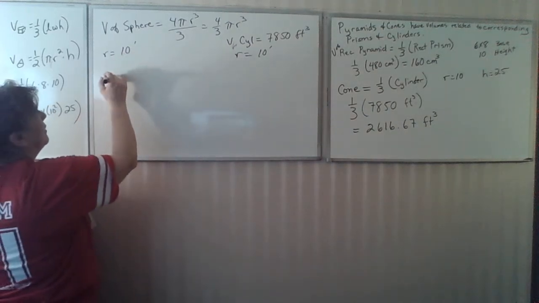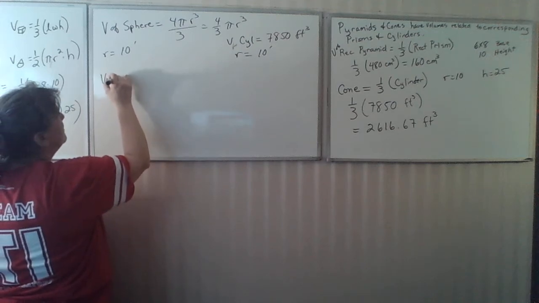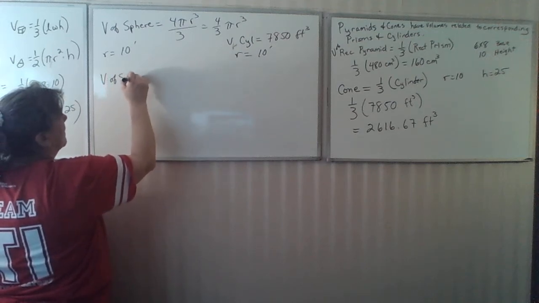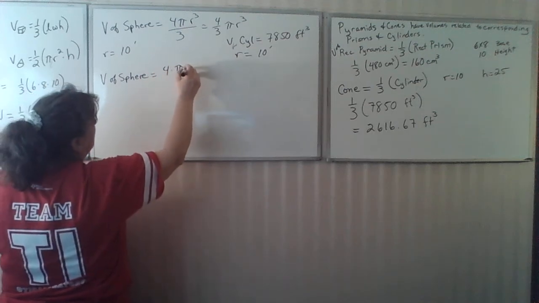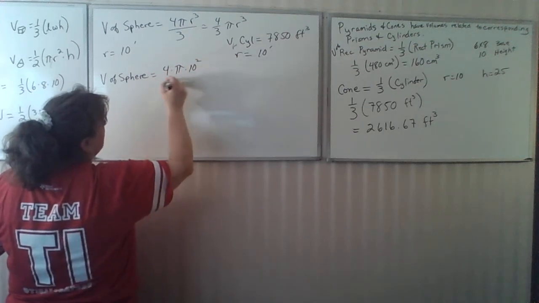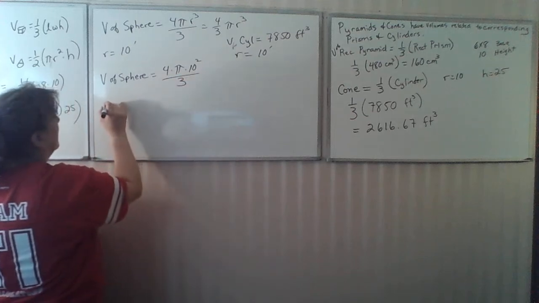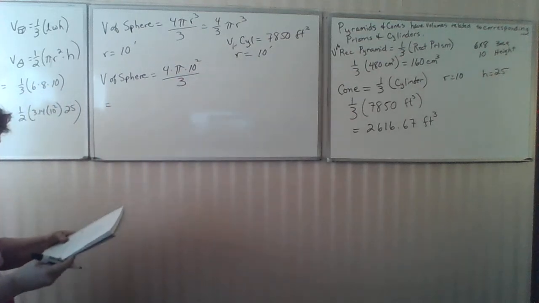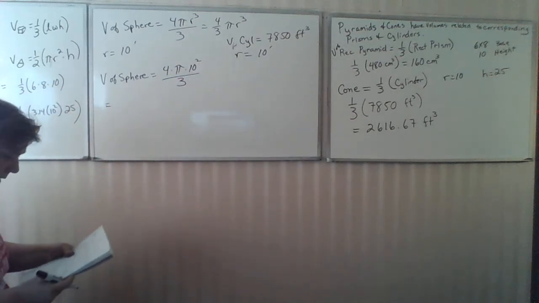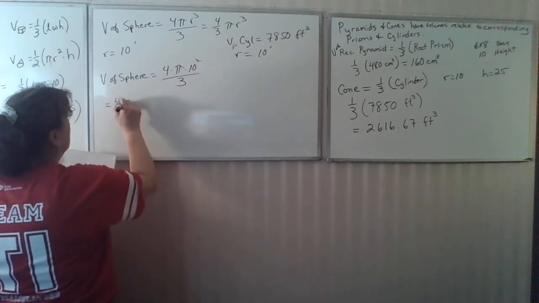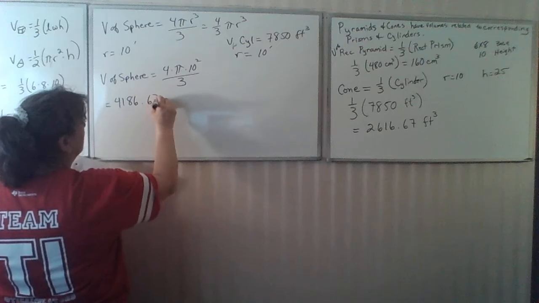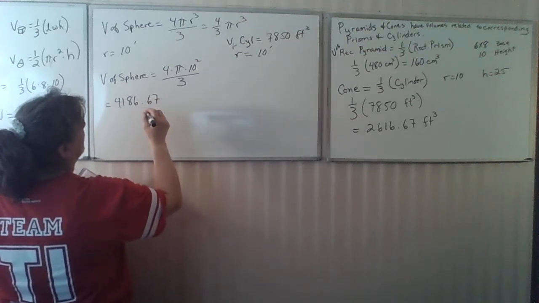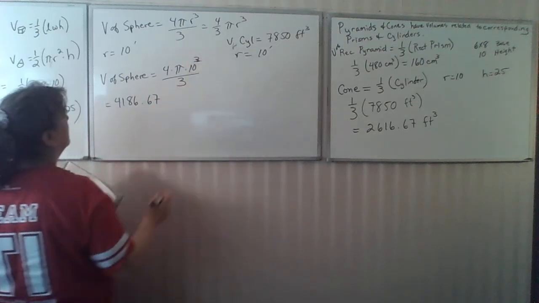So now, what is it going to be if I put a sphere on it? Well, you're going to have the volume of a full sphere, and that is going to equal 4 times pi times 10 cubed divided by 3. And that is now going to equal 4,186.67. And let's cube, not squared.